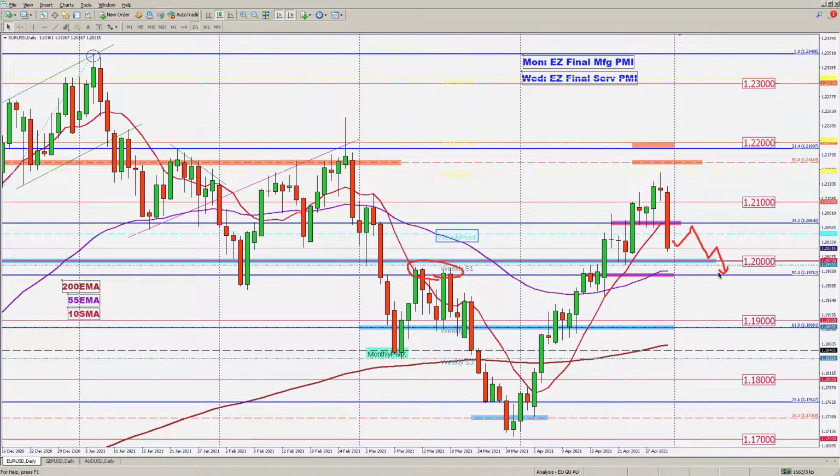We'll see if it goes that deep. If it does break through, then it could be a potential area at the 119.50 before it starts to bounce back up. It may not go that deep, so we'll see if this level holds.